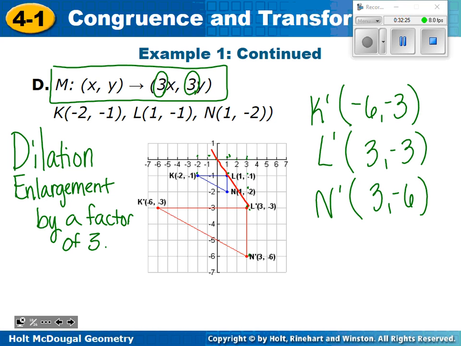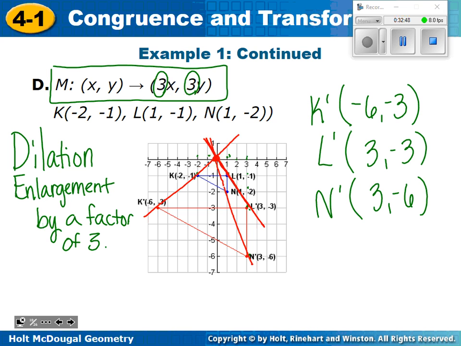Also notice, if you're not sure where your center is, you can always connect your pre-image to your image point. Draw this on your paper so you can see this. Pre-image to image, pre-image to image, pre-image to image, and draw lines.